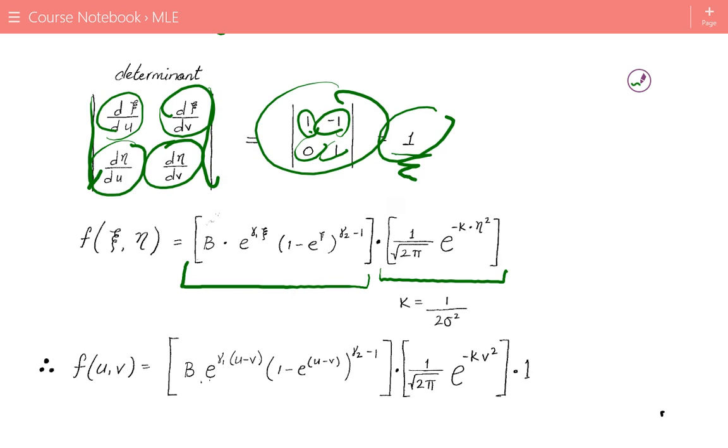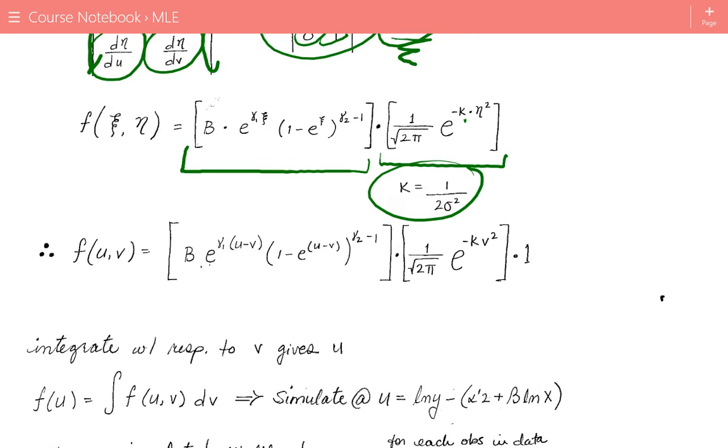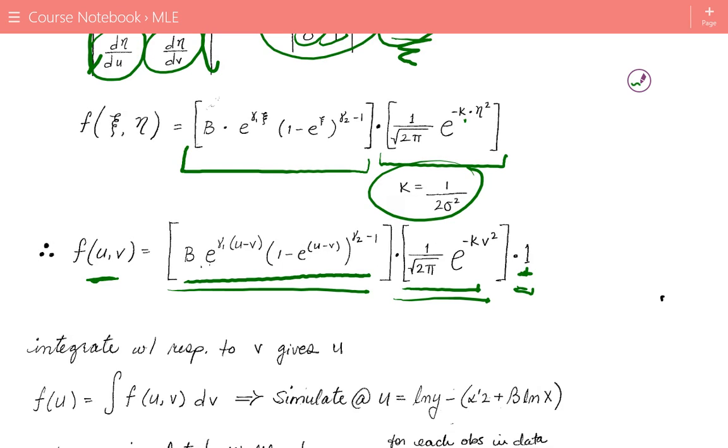And here I notice that I've just shortcutted, put k, so I don't have to write it up there, as 1 over 2 sigma squared. And so my joint distribution in terms of u and v is going to be plugging in the quantities for u and v, and the derivative, and I get the density for the one times the density for the other, again times the derivative.